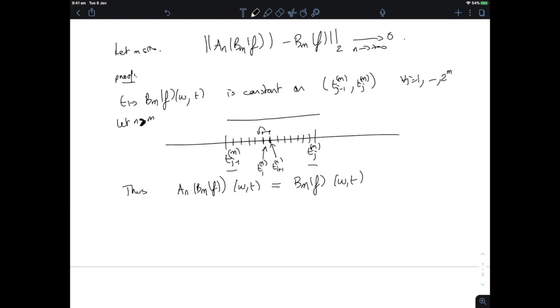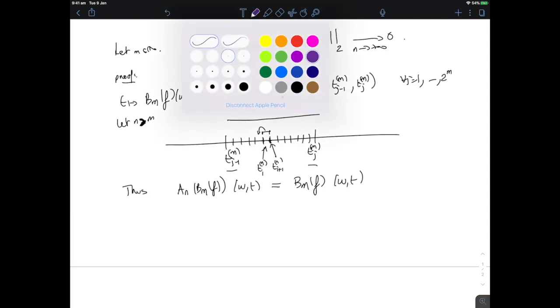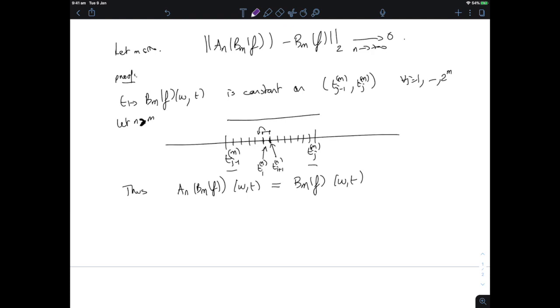The only problem is if you look at what happens on the very first interval. Because on the very first subinterval of the interval of length 2 to the minus m times T, you have to take, for the An approximation, the average that came just before. And the average that came just before now is different, because it comes from the value of the Bm f on the interval t_{j-1} to t_j that came prior to it.